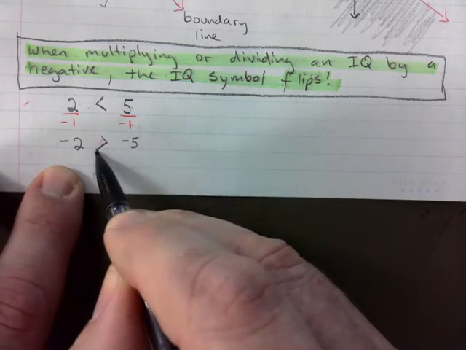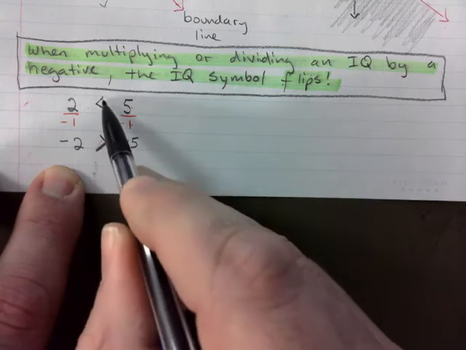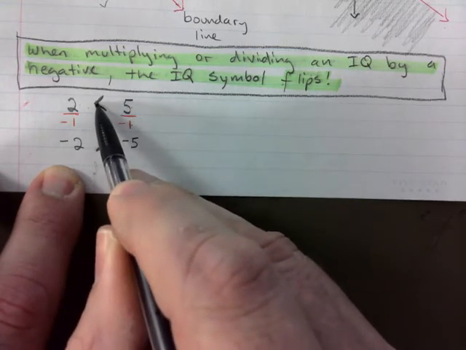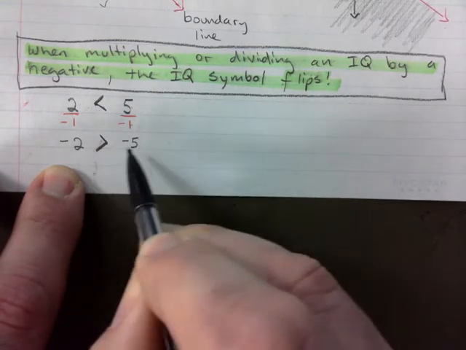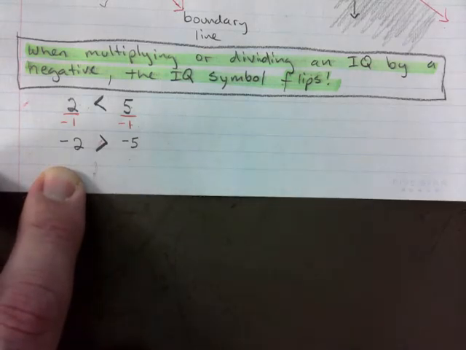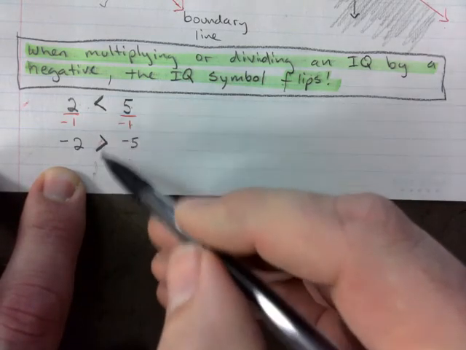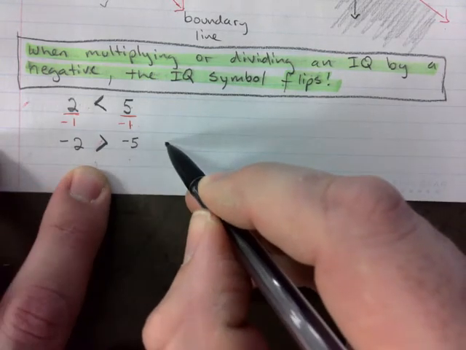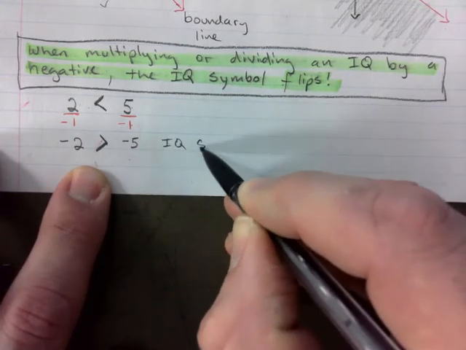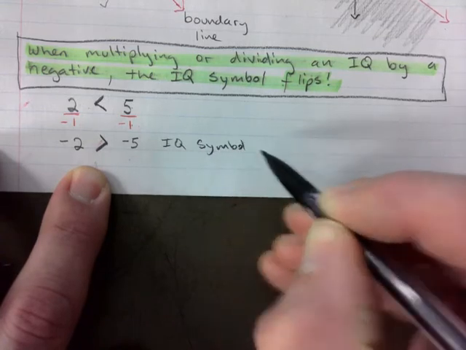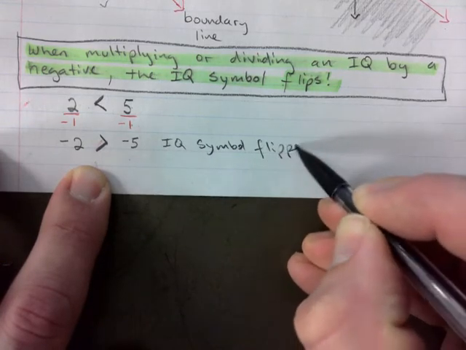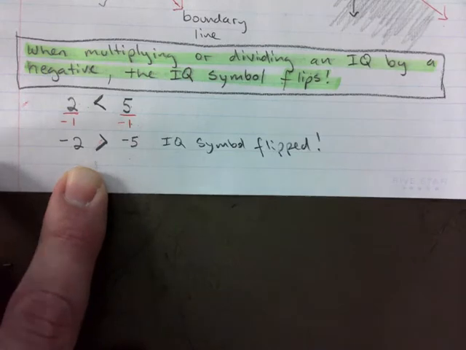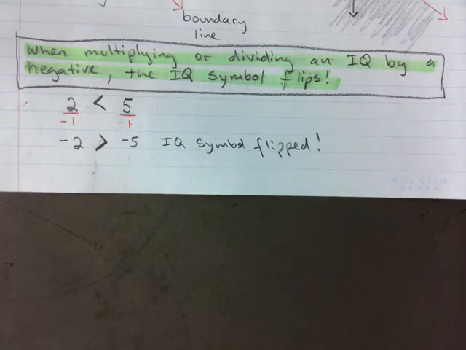So notice that the inequality used to be pointing this way. Now it's pointing the other way, right? So when you divide by a negative, you must flip the inequality symbol, right? And you do that to keep that statement true.